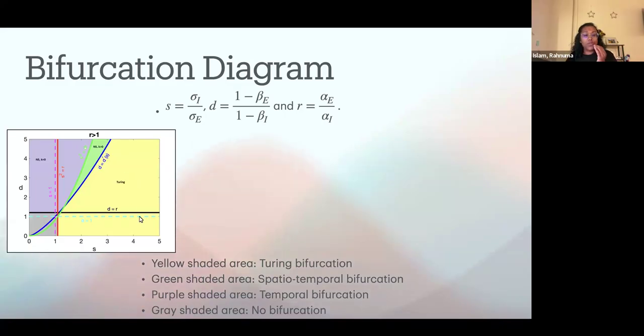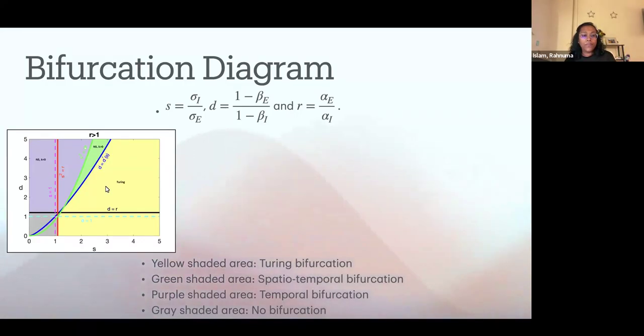And we see that this yellow shaded area is where Turing bifurcation happens. This green shaded area is where spatiotemporal bifurcation occurs. This purple one is where the temporal bifurcation occurs. And this gray part is where no bifurcation occurs.